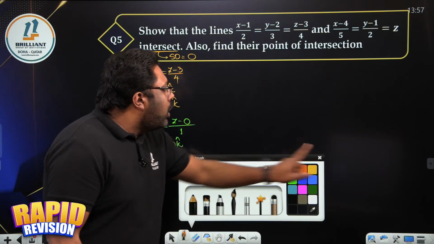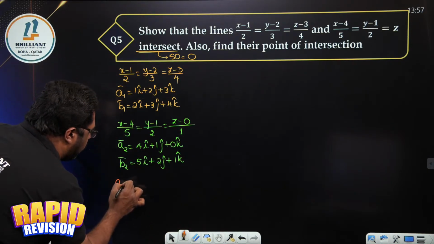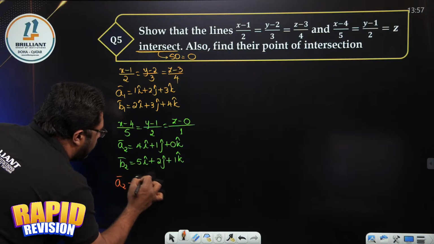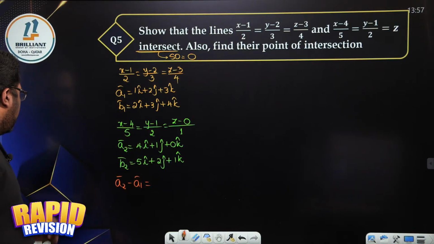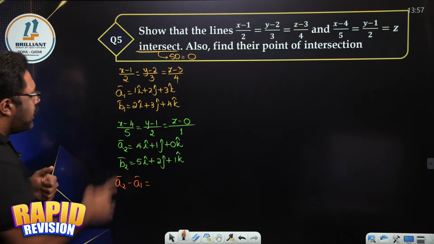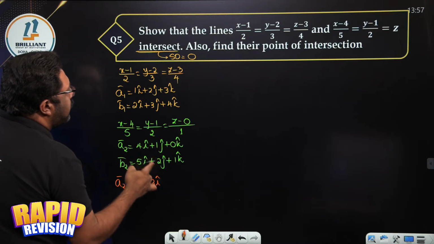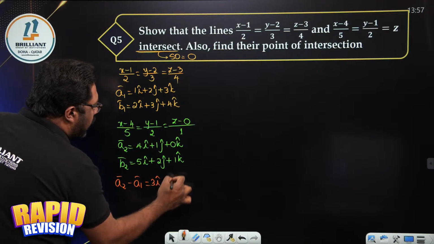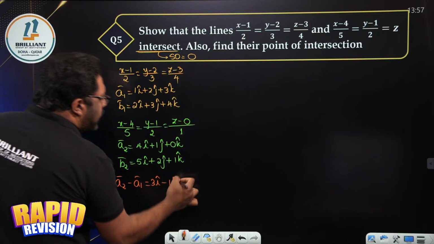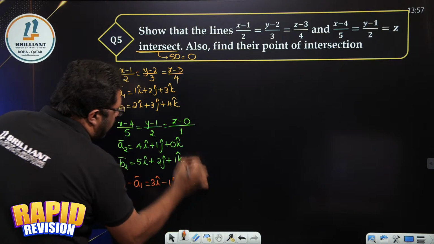Now let me find what's a2 minus a1. Okay, so a2 is here, a1 is here. 4 minus 1, 3i, 1 minus 2 minus 1j, 0 minus 3 minus 3k.